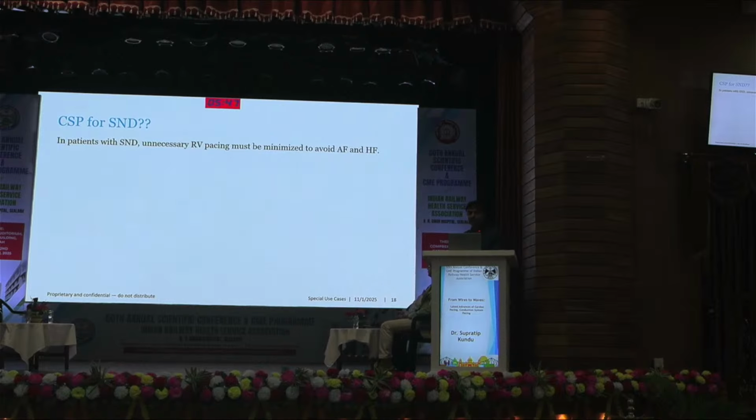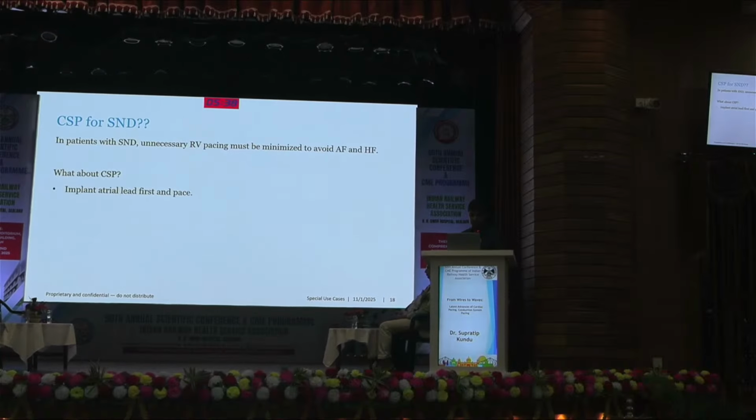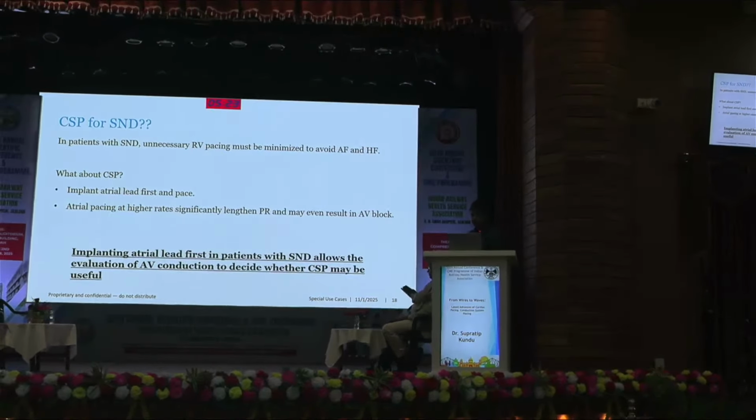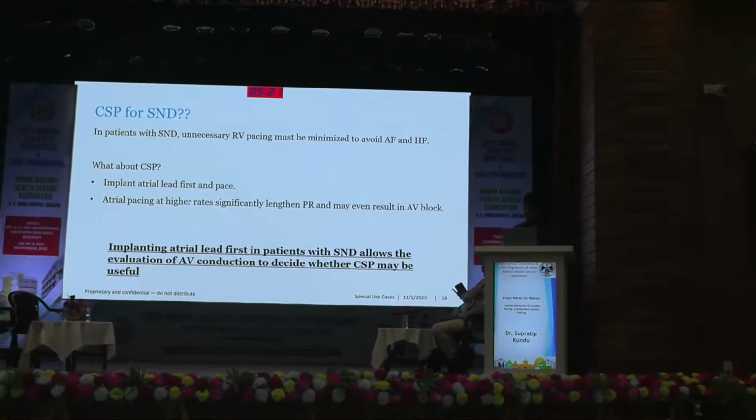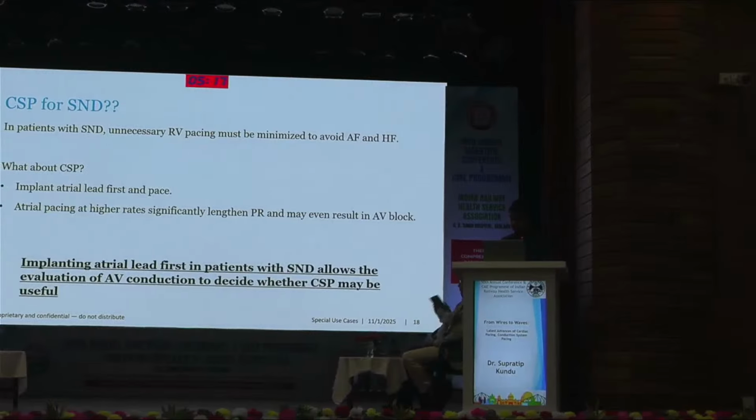In patients with sinus node disease, RV pacing must be minimized to avoid AF and heart failure. What about CSP? Implant the atrial lead first and pace. Atrial pacing at a high rate significantly lengthens PR and may even result in AV block. And implanting the atrial lead first in patients with SND allows evaluation of AV conduction to decide whether CSP may be useful or not.